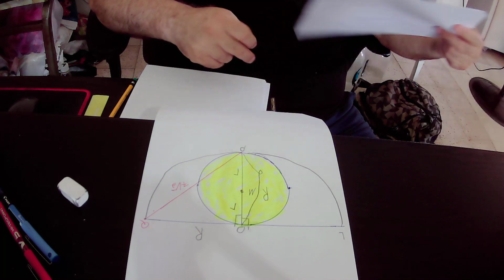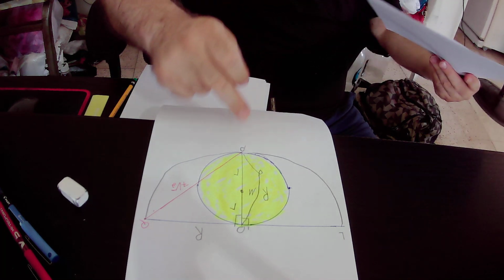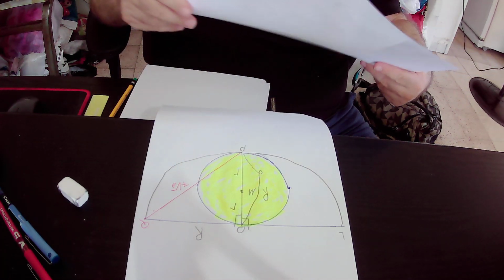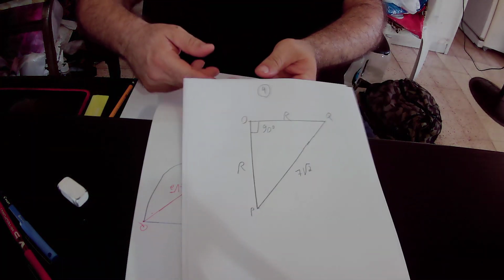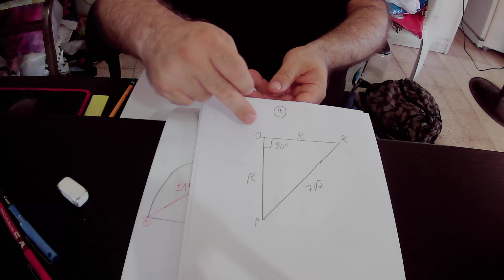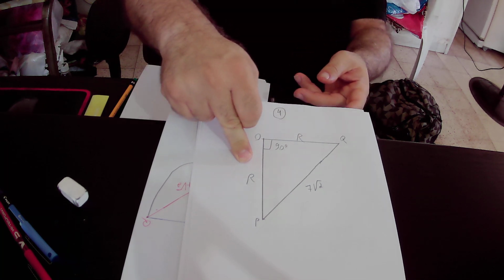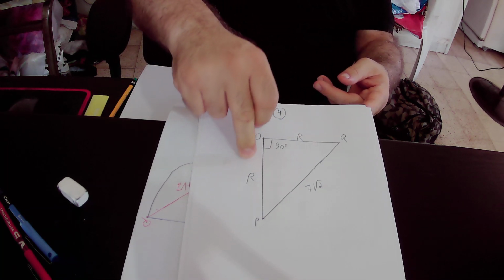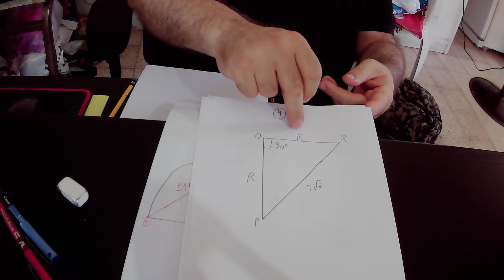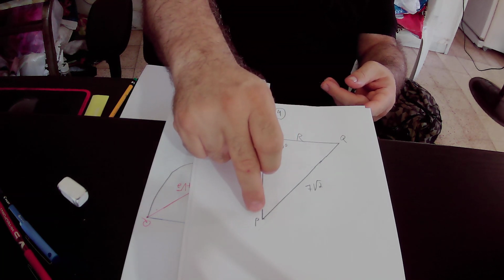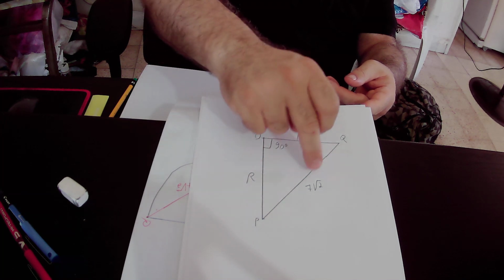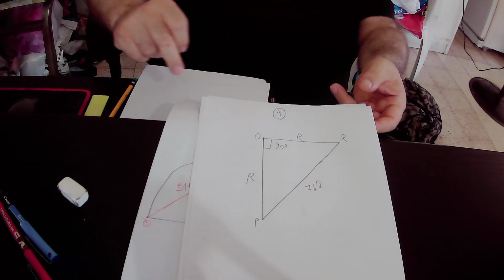So I drew again the right triangle POQ, and PO equals the radius of the semicircle, and also OQ equals the radius of the semicircle, and it is given in the question that PQ equals 7 times root 2.